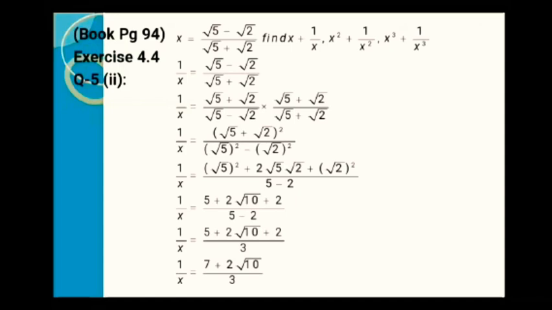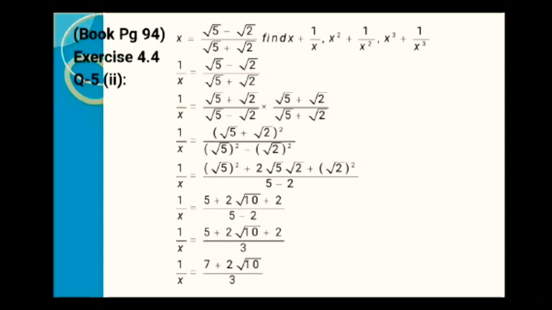Straight multiplication again, under root 5 plus under root 2, multiplying by under root 5 plus under root 2, it will come in whole square. And applying the third identity on the denominator, under root 5 whole square minus under root 2 whole square will be 5 minus 2. And you will open the numerator identity. Again, it's the first identity. So under root 5 whole square plus 2 under root 5 under root 2, they are going to multiply, plus under root 2 whole square.